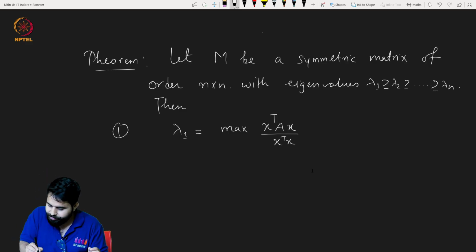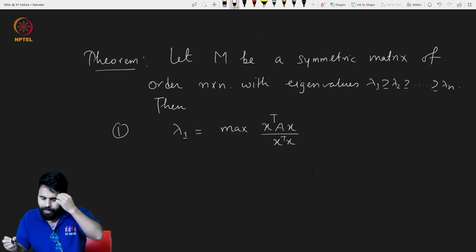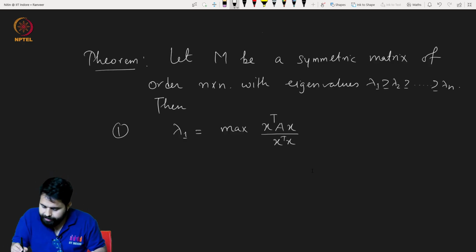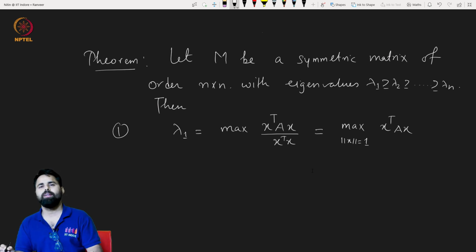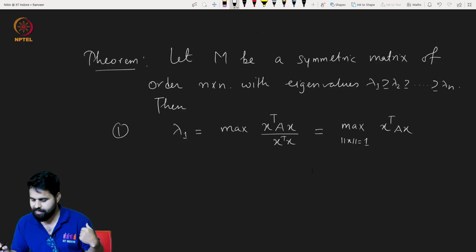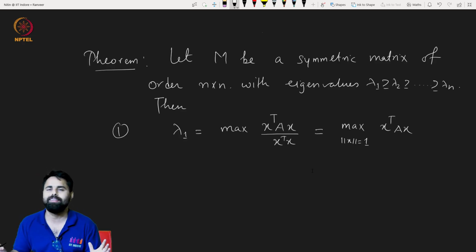Okay, and here x is of course non-zero. And you can equivalently write this as the maximum over all x with norm equal to 1. These two are equivalent things.